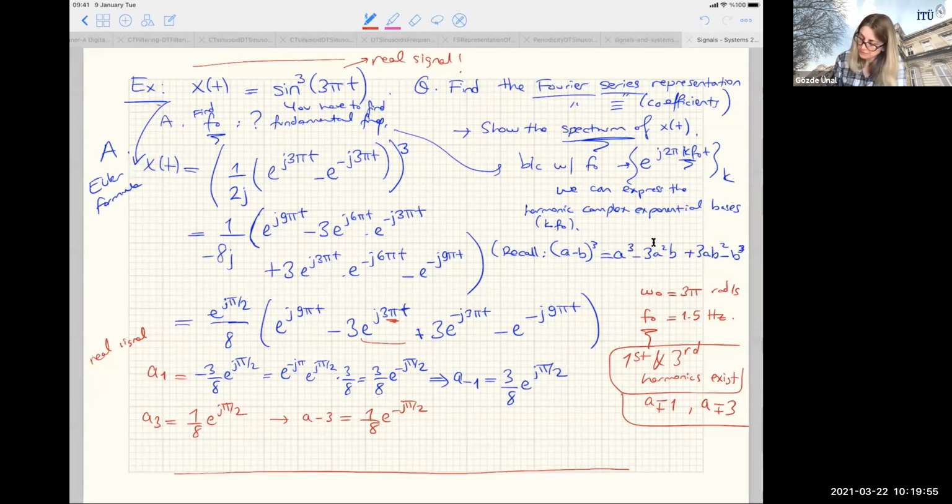I can write here f in hertz, or I can also write this as the k, or which harmonic is there, type illustration. Let's make it 0 and let's bring it to, so actually 1.5 and 4.5, right? Yeah, okay, it's fine.